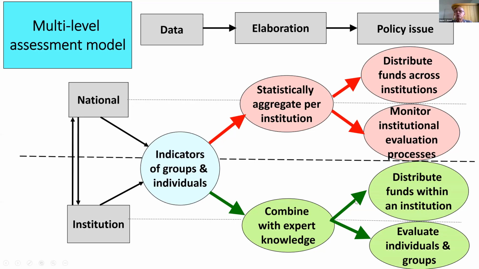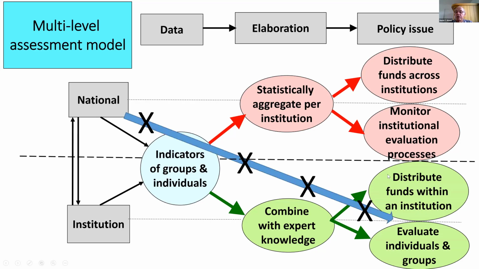It can be used to assess individuals and groups, of course, once the indicators are combined with expert knowledge. And they can be used in other ways. But what is important is that assessment of individuals and groups cannot directly take place by a national institution that is at a large distance from the group of individuals and groups that are being assessed.